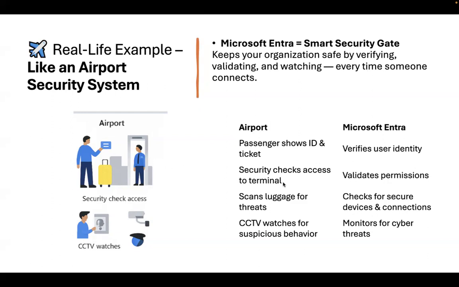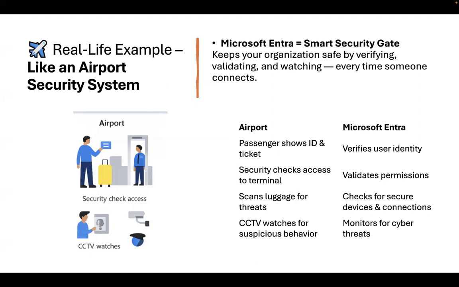In the next step, he will be allowed only to the specific terminal, like domestic and international, the example we have seen before, right? Similarly, they will allow him only to the terminal he needs to go to, and they will scan the luggage. So they make sure of what he is carrying with him, and CCTV will be watching across the airport for suspicious behavior of the passenger, so that kind of monitoring will be happening.